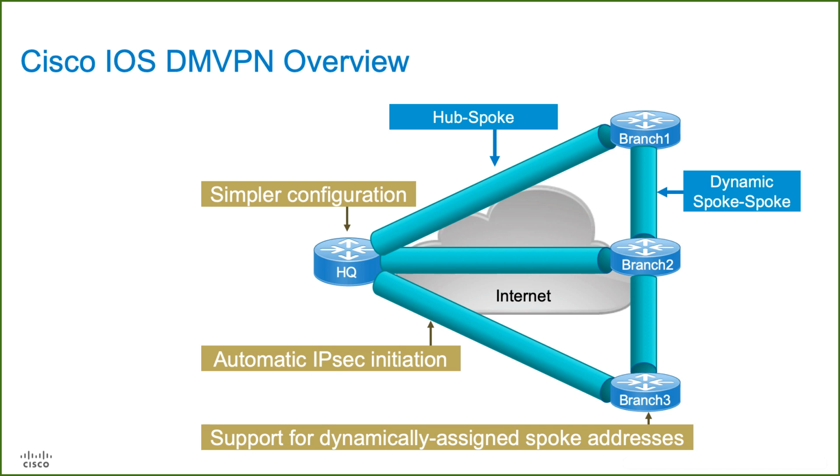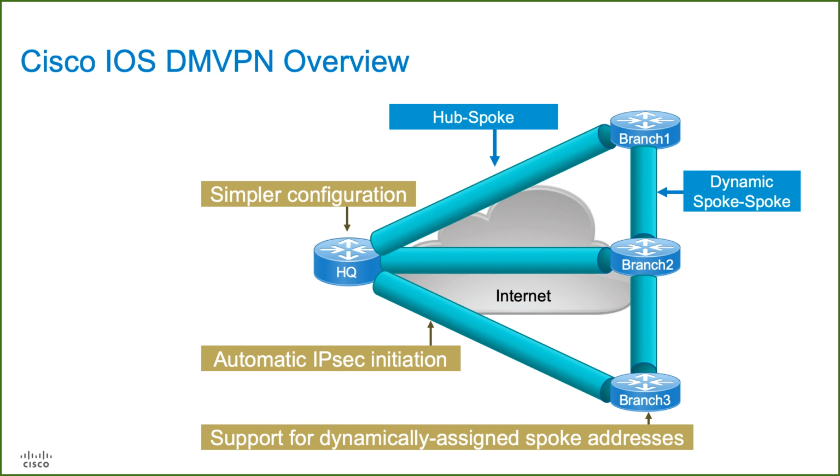And what they mean by that is optimized direct communication from spoke to spoke, or in this case, depicted as branch to branch. By the spokes, the branches, being able to communicate with each other more directly, if not directly, that reduces overall latency in communication and therefore for the application.